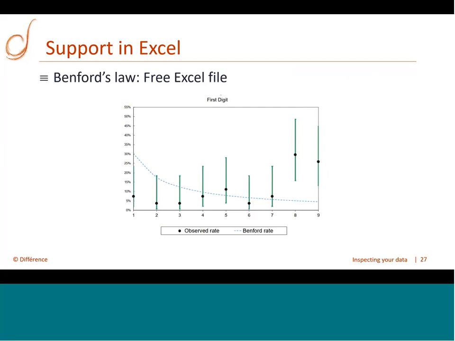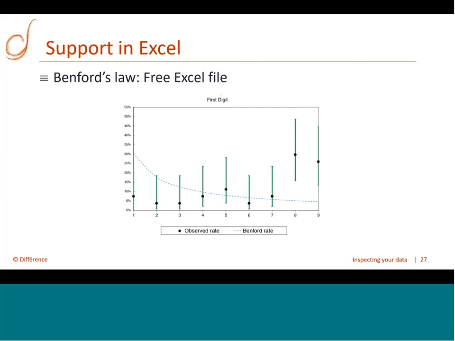I don't know how we'll organize that with the ASQ inspection division, but it would be easy for me to send you that Excel file that allows you to apply Benford's law on the first digit, the second digit, and the combination of the first two digits with confidence intervals.